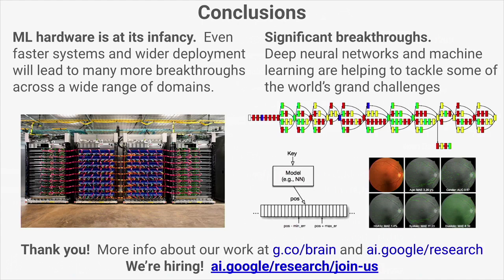Okay, so in conclusion, I hope I've convinced you that machine learning hardware is a thing and is going to be useful, and also that there are a bunch of breakthroughs happening through application of machine learning to a really wide variety of problems.